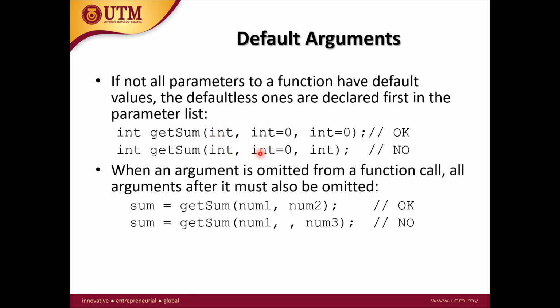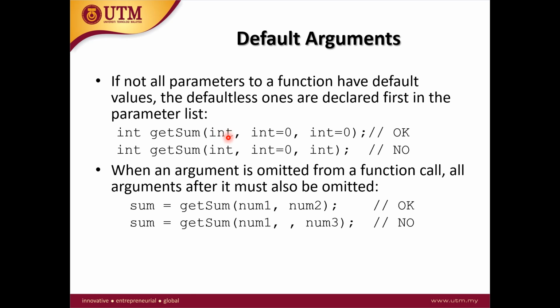Look here in this function, this one and this one are defaultless parameters, but this one has a default value. We need to declare the defaultless parameters first, but this one is not true because we've used this one after that one. So this one must be here, so it's not okay, but this one is okay. Why? Because you've used the defaultless parameters first in the declaration of the parameters of the function.